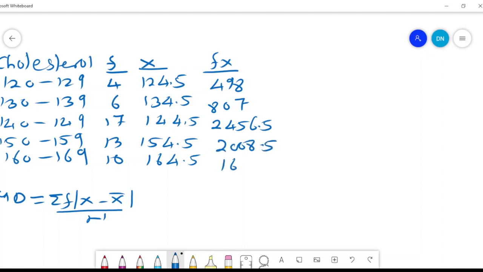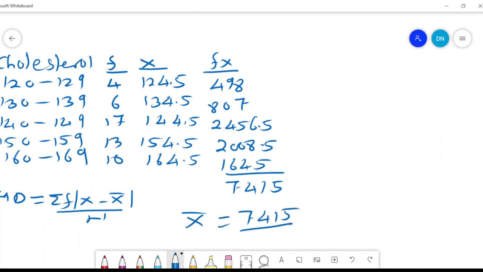And then that is 1645. And then we have 7415, and therefore our mean is 7415 divided by 50, and that will give us 148.3.